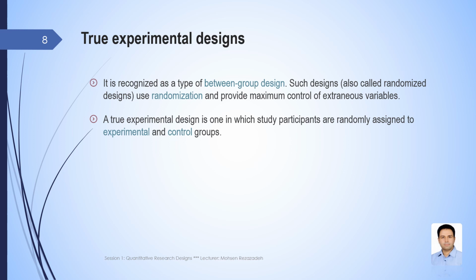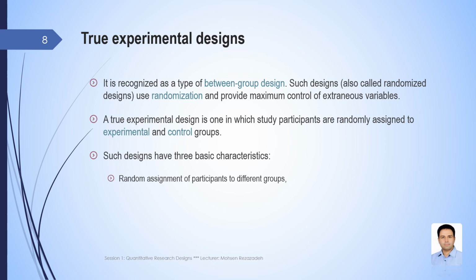either group. In fact, true experimental designs have three basic characteristics. A is random assignment of participants to different groups, B is the use of treatment, and C is the administration of the post-test.